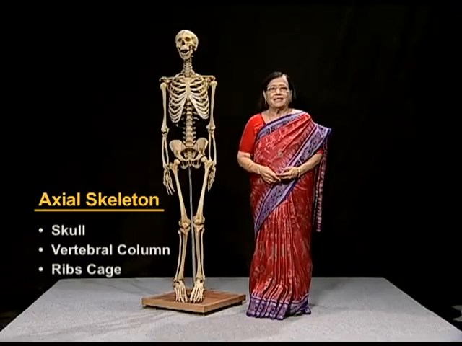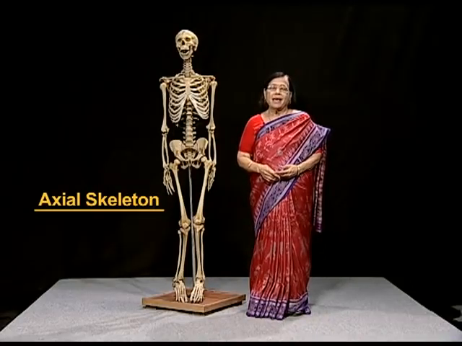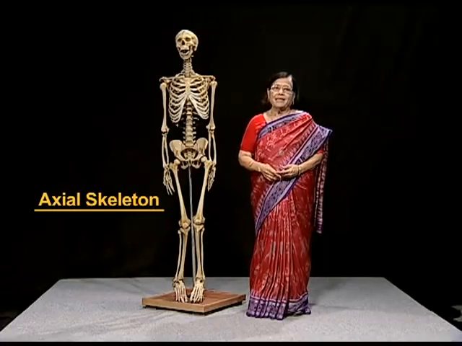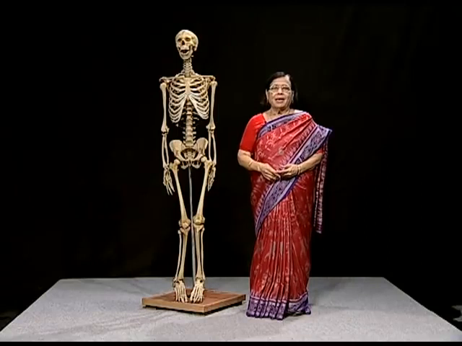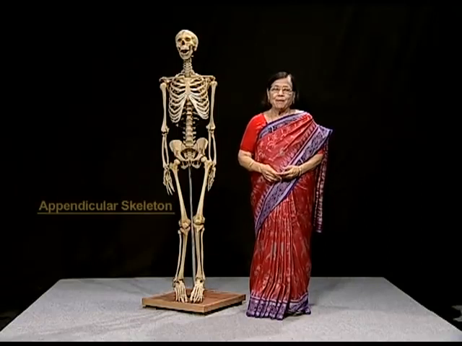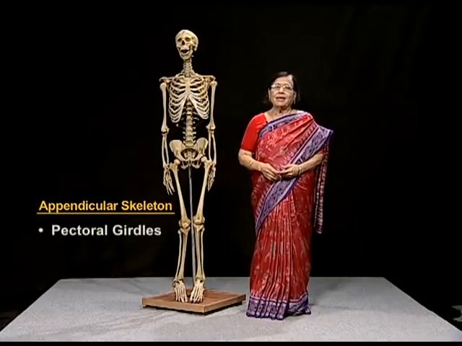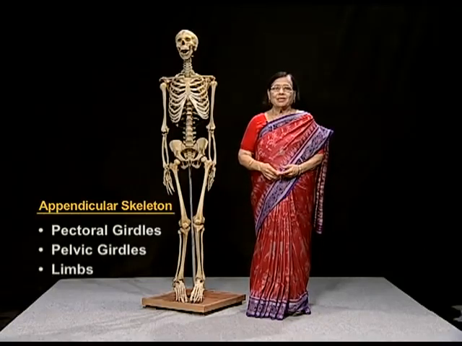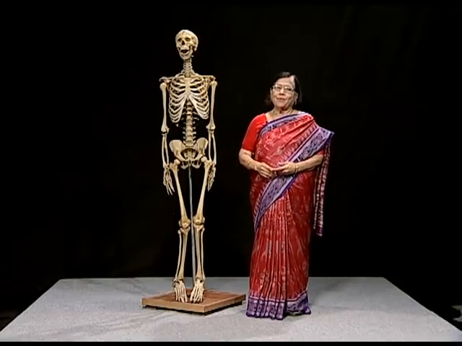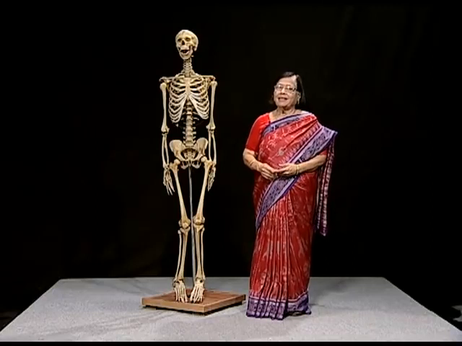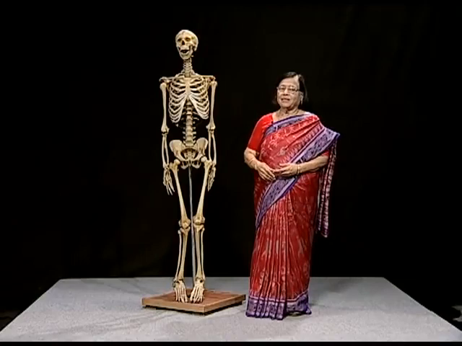Axial means axis, it makes the axis of the body, that is our head, our chest and the vertebral column. The other division is the appendicular skeleton, which includes the pectoral girdle, pelvic girdle, hind limb and forelimb. Let me start explaining the bones in this skeleton, starting with the head, which is part of the axial skeleton.